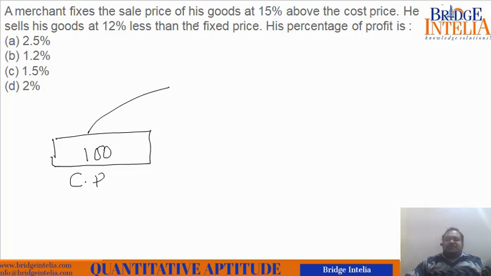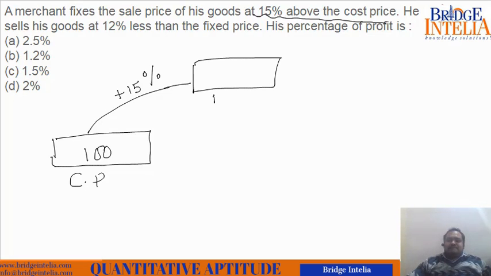What does he do next? He marks it at 15% above the cost price. So he changes its sticker or marked price by increasing it by 15%. This becomes the marked price. So 100 becomes 115, added 15%.